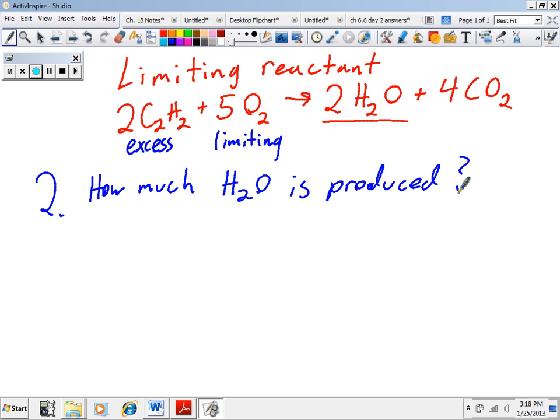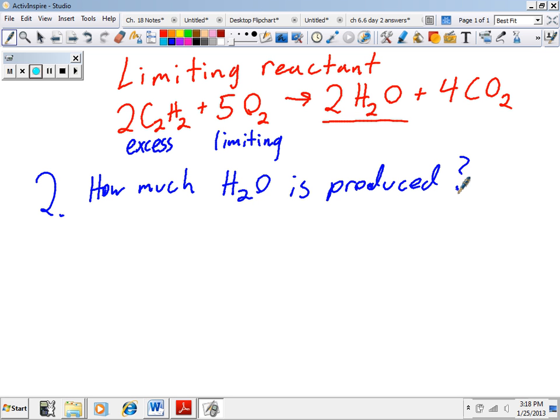Well, because of the way that we did this problem, this is actually a really easy question to answer. All I've got to do is go back and look at the stoichiometry that I just did, starting with the O2, because we always start our stoichiometry with the limiting reactant, and we find out already that we've calculated the amount of H2O that would be produced.